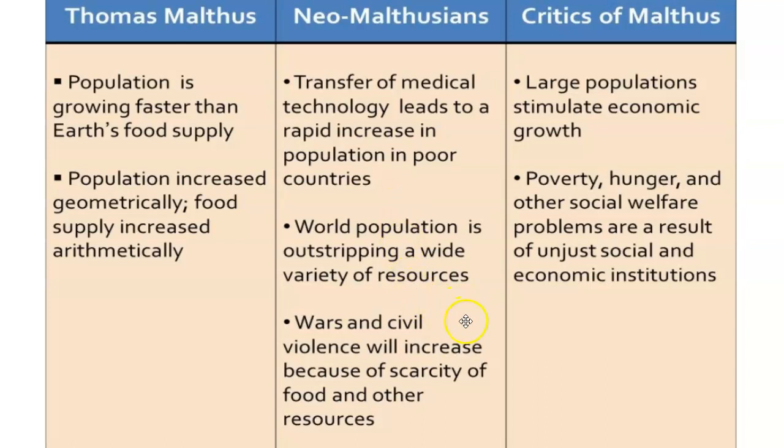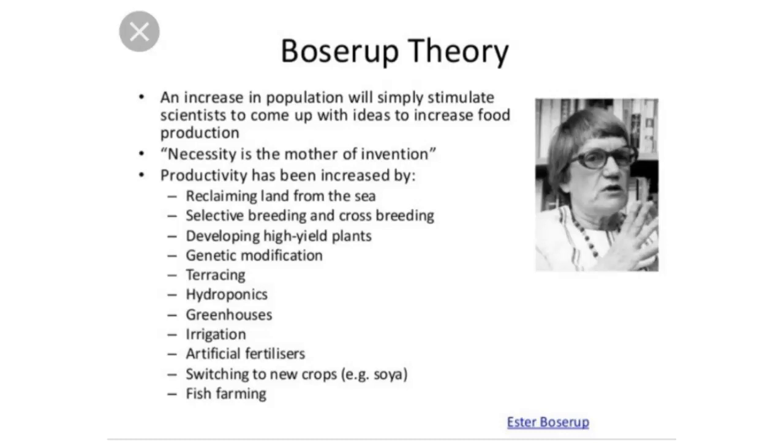Also, that the world population is outstripping a wide variety of resources, and that wars and civil violence will increase because of the scarcity of food and other resources. So, because of the increased population growth and consuming all of the food production, that will lead to even further conflict and civil unrest.